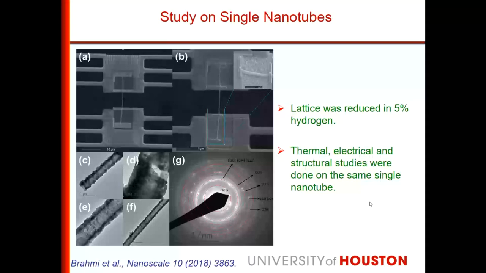Because of the porous nature, these films had a very low refractive index. So it had anti-reflection properties. You can see the transmittance increased when a film of nanotube was coated on top of the glass, from 82% to around 90%.